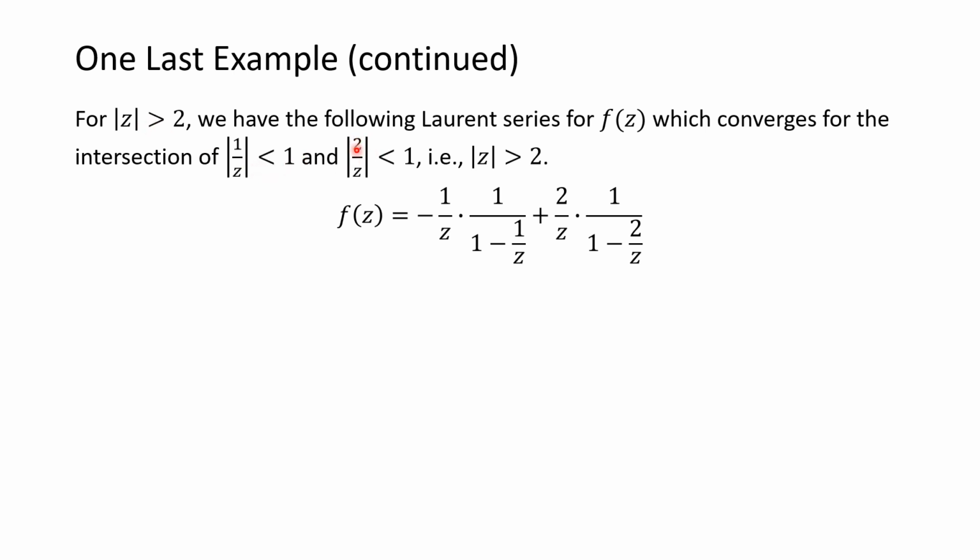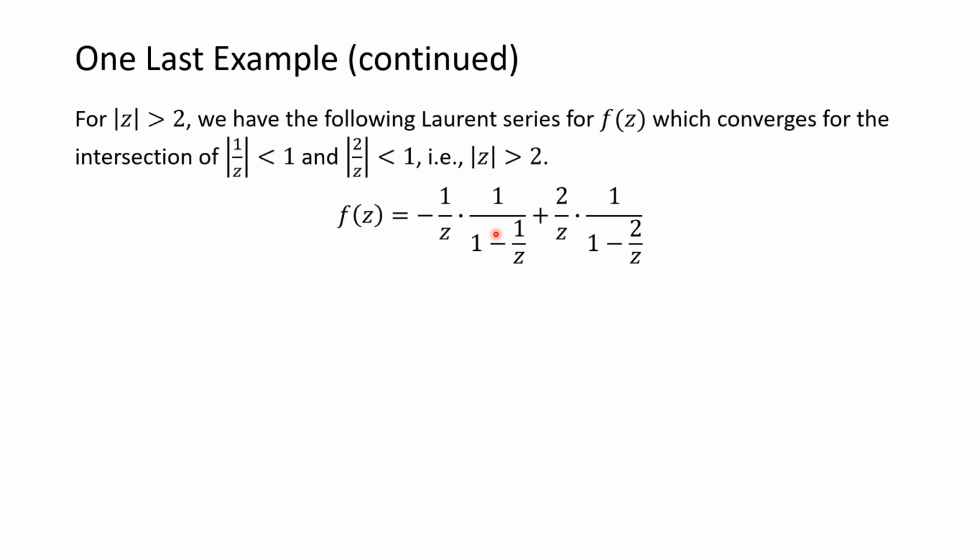And then this second one converges when 2 over z is less than 1, but that's when the modulus of z is greater than 2. So this is modulus of z greater than 1, modulus of z greater than 2. The intersection of those is the modulus of z greater than 2.